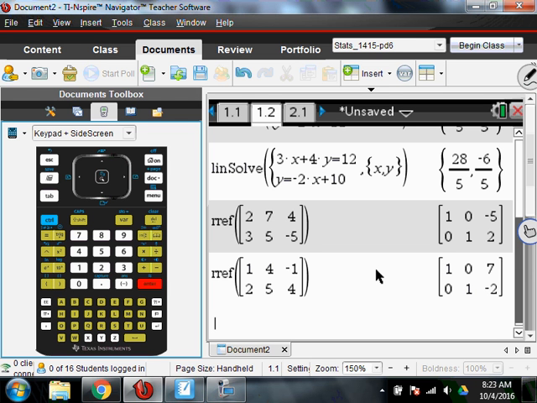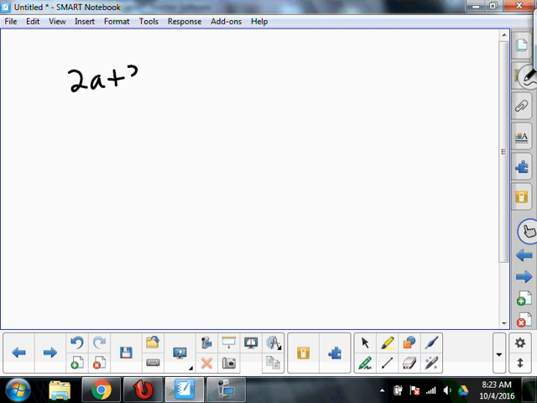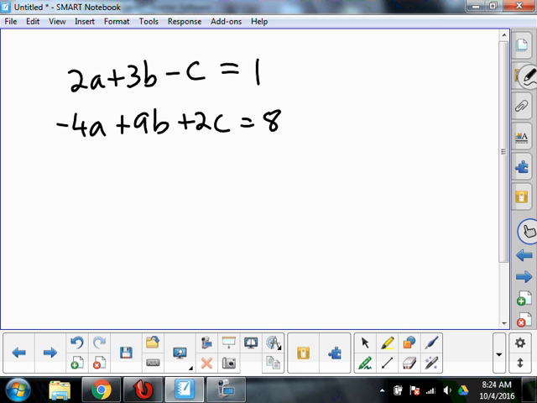All right. 2a plus 3b minus c equals 1. -4a plus 9b plus 2c is 8. And -2a plus 2c is equal to 3.